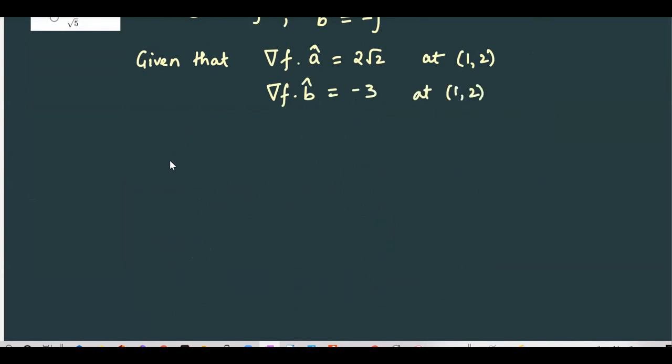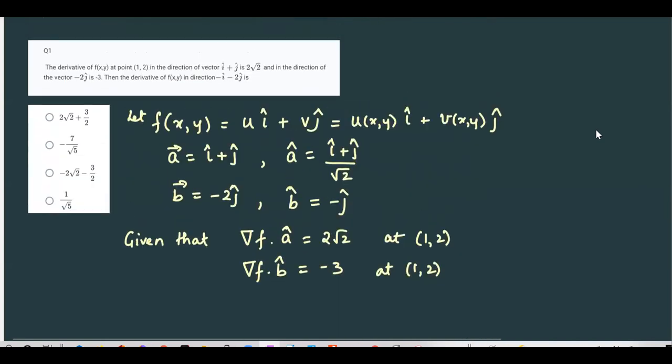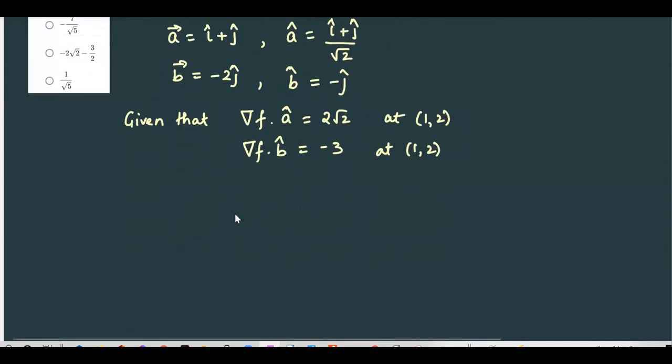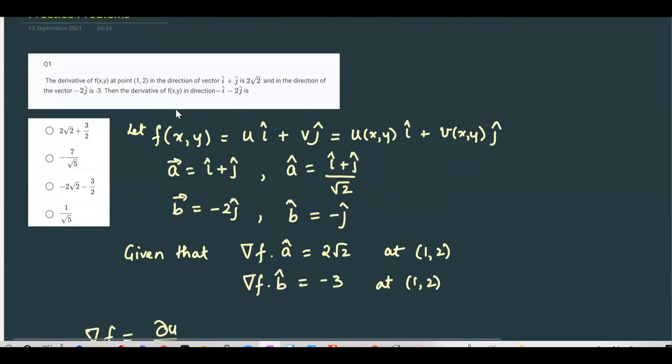That means x and y are 1 comma 2. Now let's work on it. I'm sorry, f is a scalar point function.